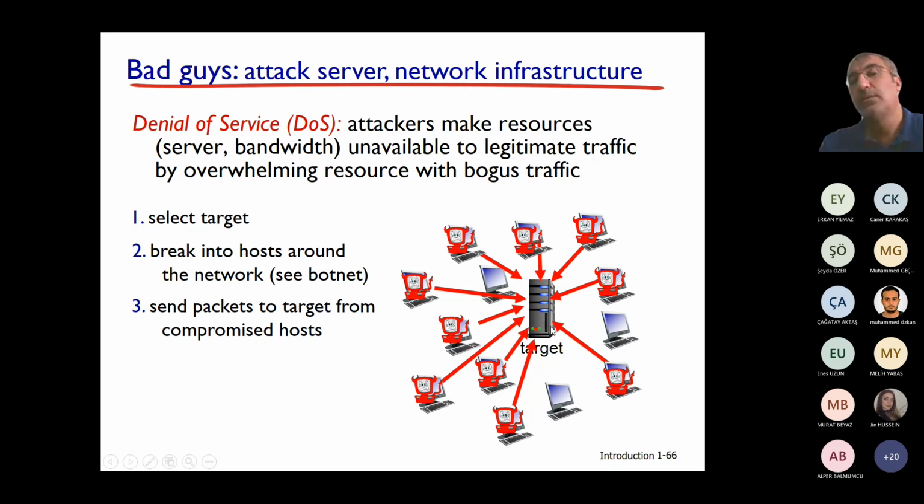This is how denial of service happens, because attackers make resources unavailable to legitimate traffic by overwhelming the resource with bogus traffic. It basically overloads the target with a lot of traffic so that it cannot respond to requests.